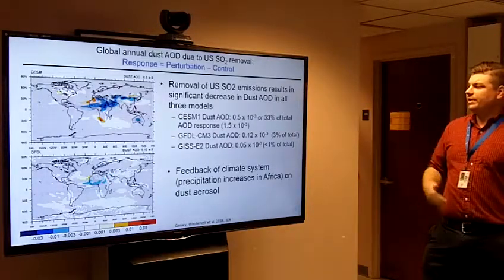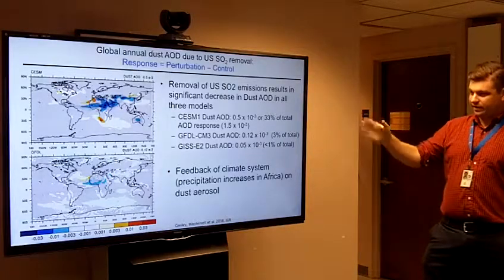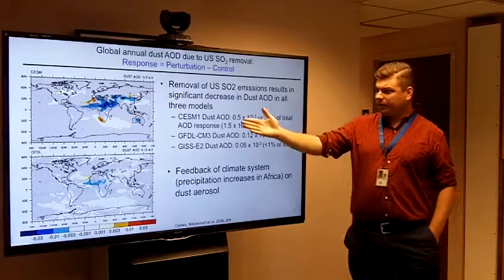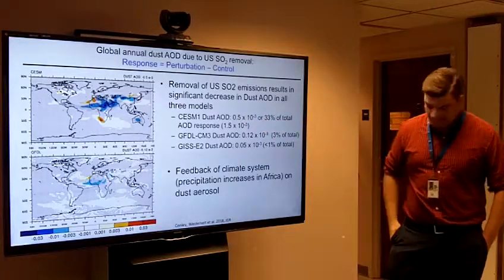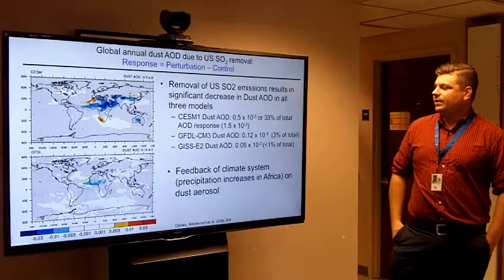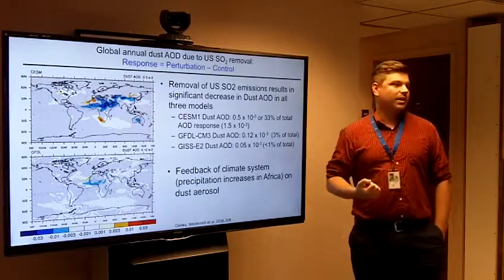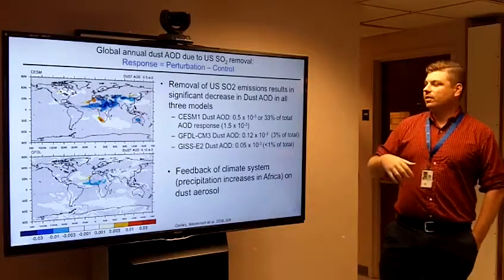There are significant decreases in all of the models. I didn't show GISS because it's even smaller than the other two. But in particular in the CESM runs, the dust AOD change alone was 1/3 of the total AOD response. So that's kind of interesting.